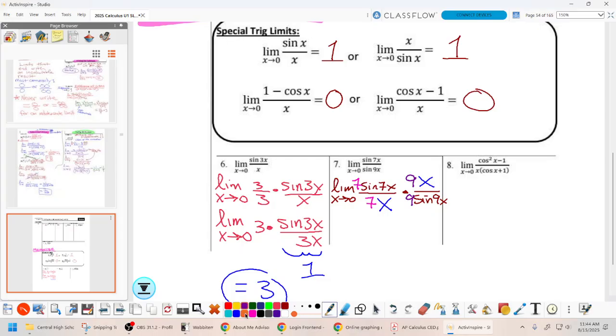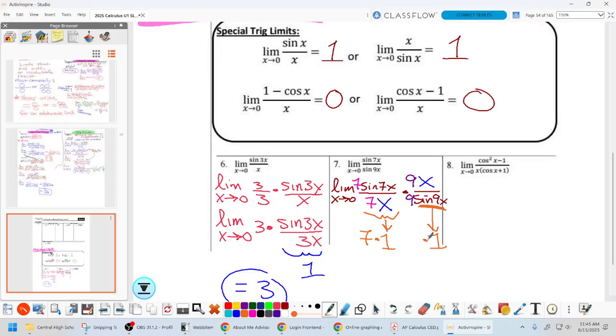What is the limit of sine 7x over 7x? That part is 1. It's 1. What is the limit of 9x over sine 9x?